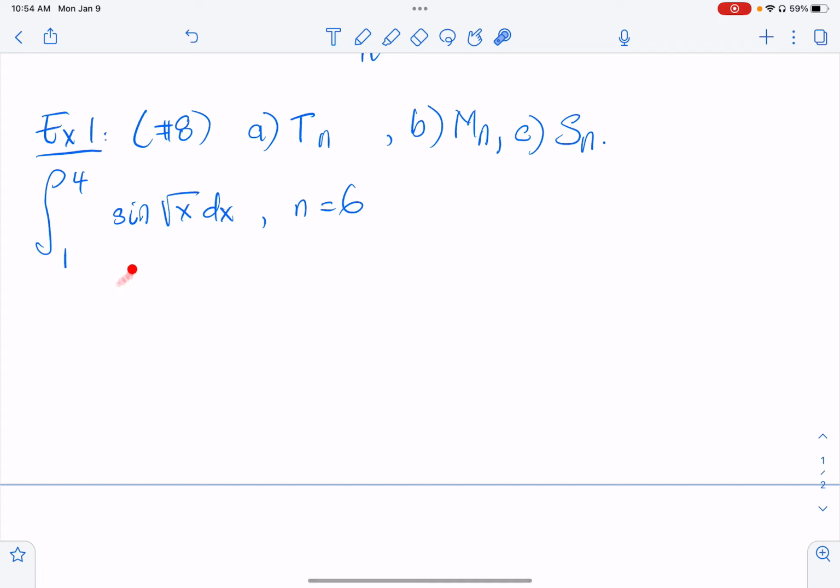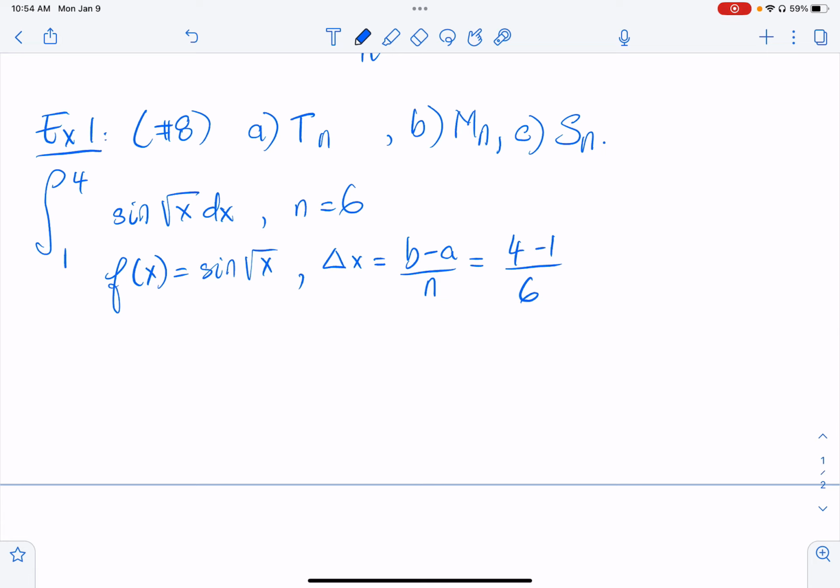You can see that f of x is sine square root of x. Delta x is going to be b minus a over n. In this case it is 4 minus 1 divided by 6, which is 3 over 6, and then we reduce it, so it's 1/2.